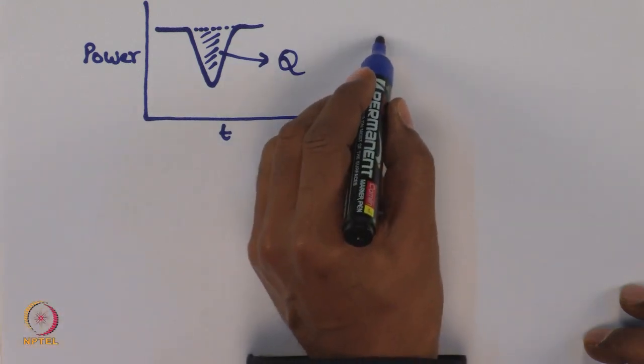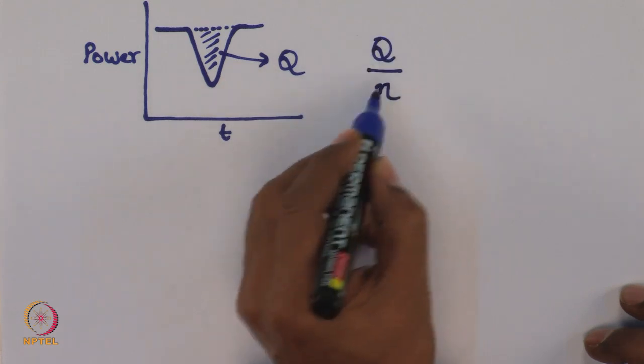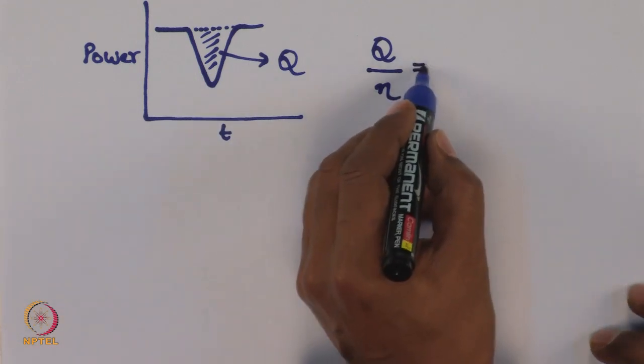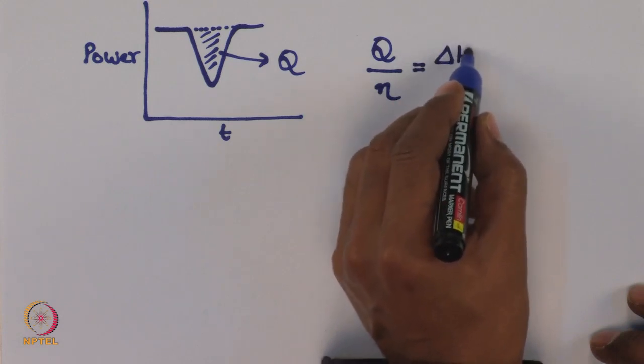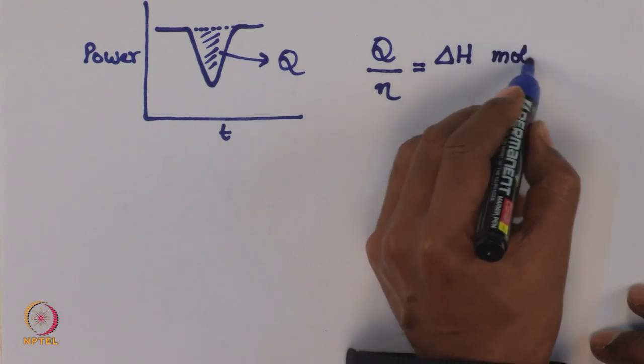Now, if I divide Q by the number of moles of the reactant added, then this becomes delta H, and the units will be per mole.